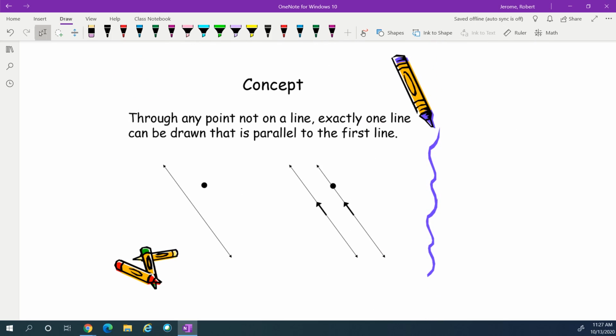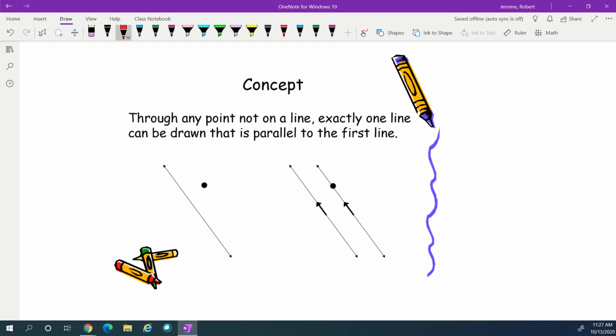So we have a couple concepts that we just want to understand that should make sense. And the first one just says, through any point that is not on the line, so that's the left side, I have a point that is not on that line, there's only one line that I can draw parallel to the first line.